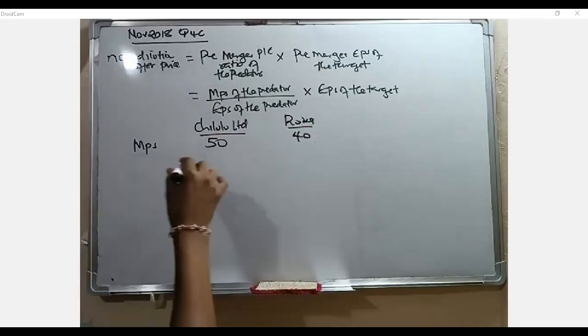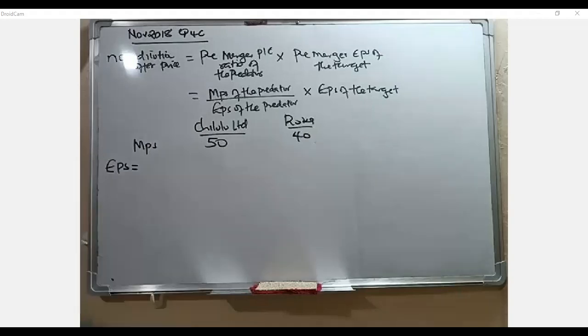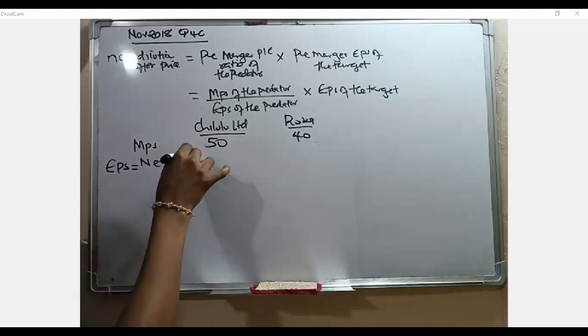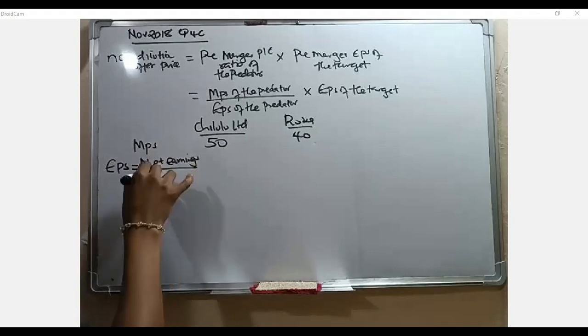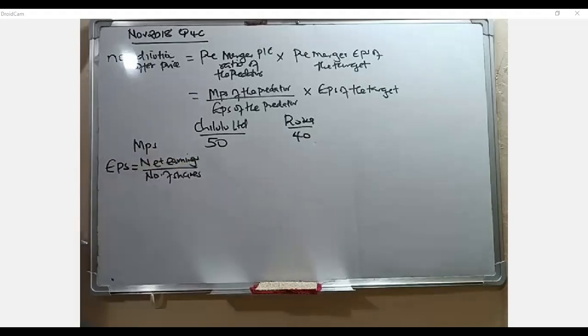To get the earnings per share for each company, we take the net earnings and divide by the number of ordinary shares.